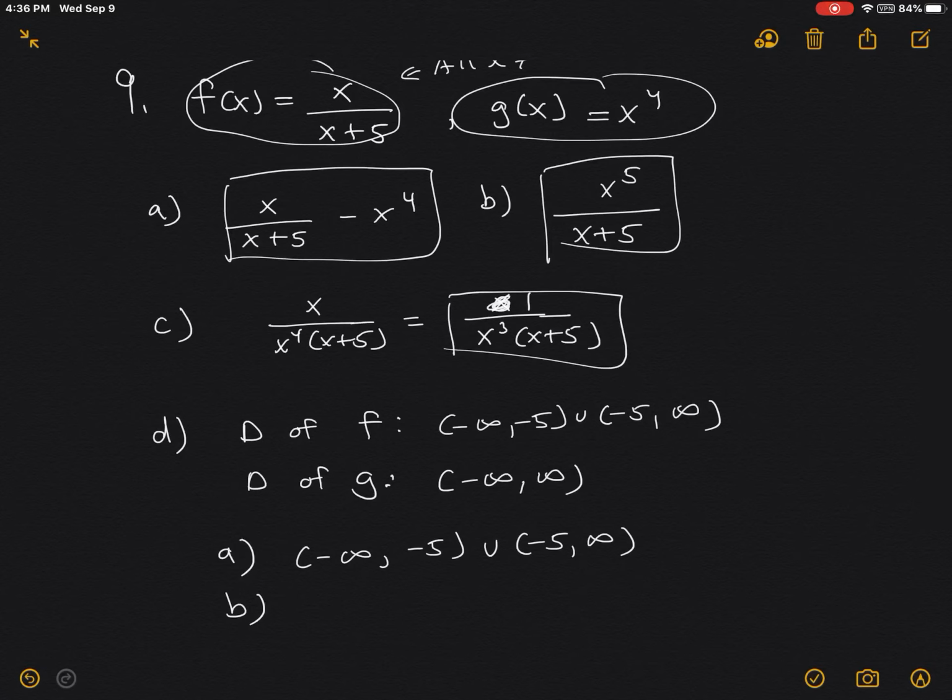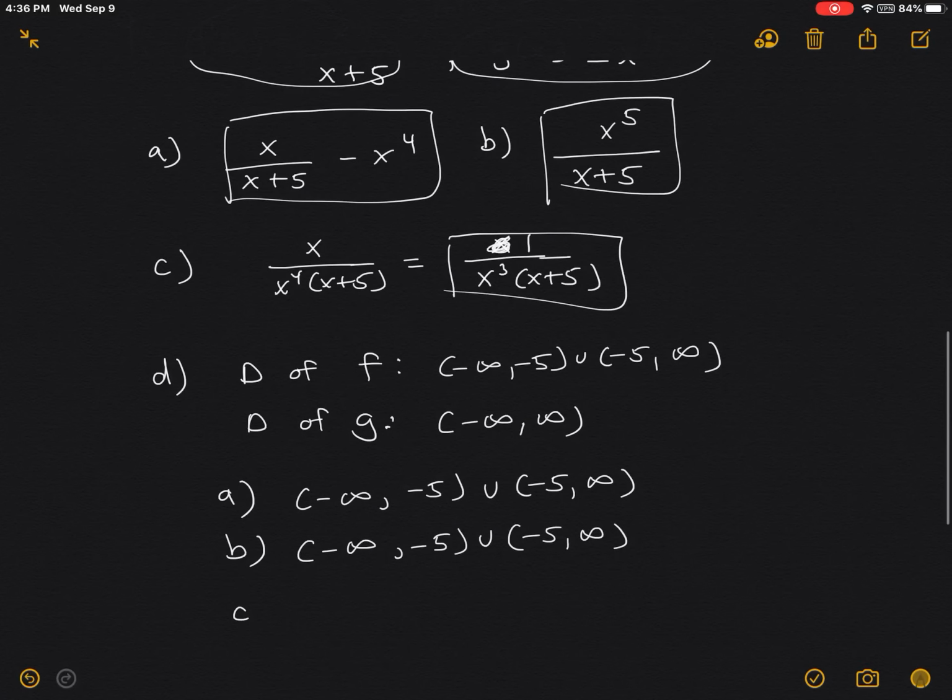The domain of part B is also going to be the overlap of the domain of f and g. So it's the same exact answer: minus infinity to negative 5, union, negative 5 to infinity. All right, now C is the tricky one.